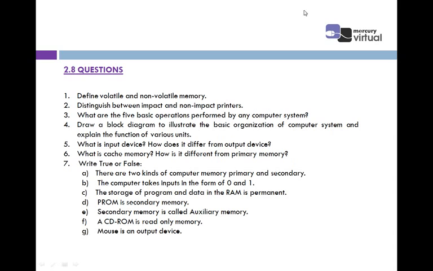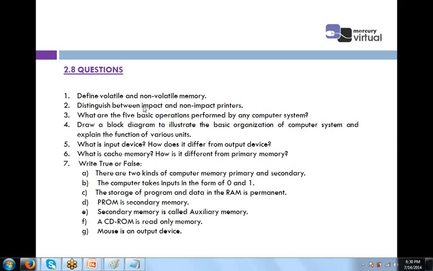Then another question is, what is the difference between impact printers and non-impact printers? As I told you, impact printers print by using hammers, which cause an impact on the paper. But non-impact printers do not give any impact on the paper.